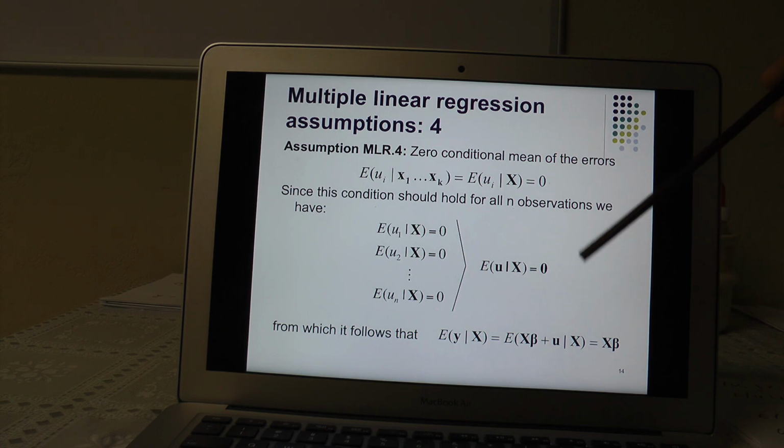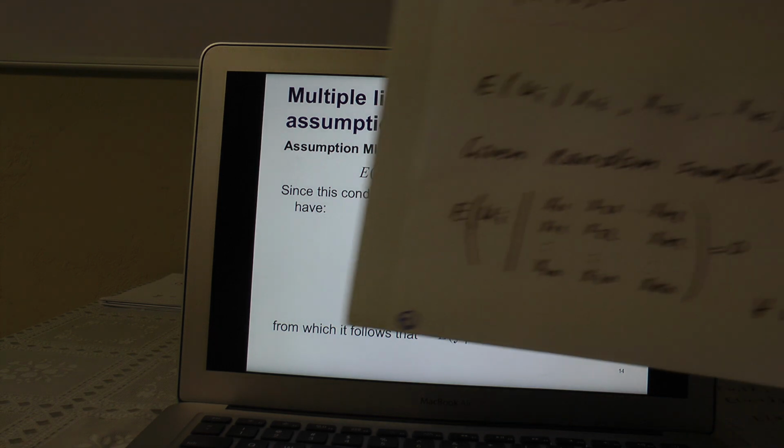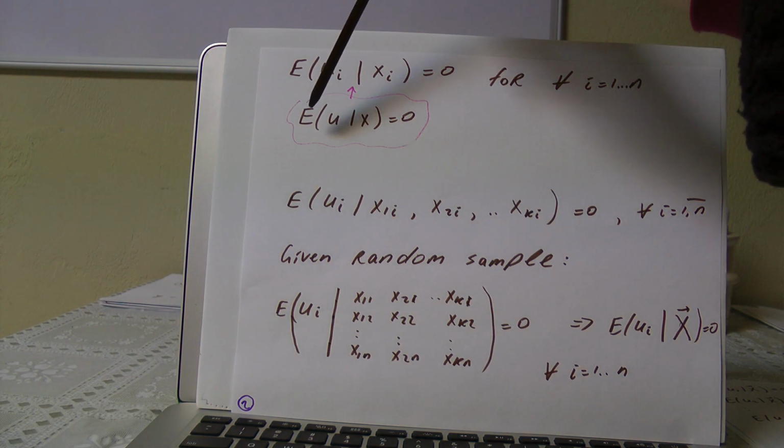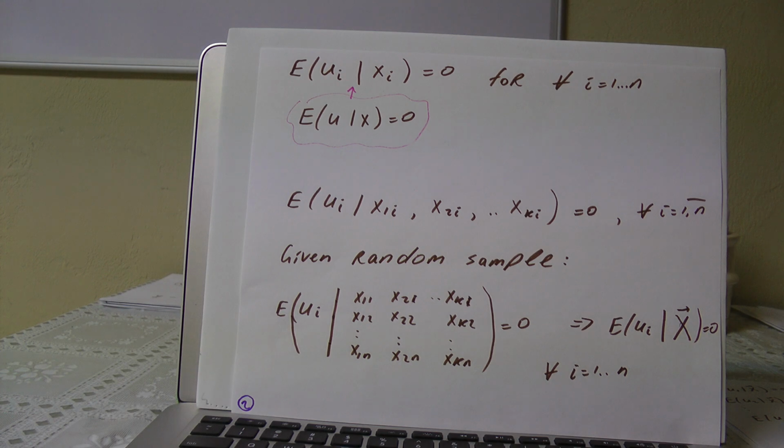The next assumption, and that's again a very important assumption, we have to discuss it well, and I really want you guys to understand what it means. It's the zero conditional mean of the error assumption. If you remember, here is a slide I want you to look at. Back in time, we just said the expectation of u conditional on x is equal to 0.